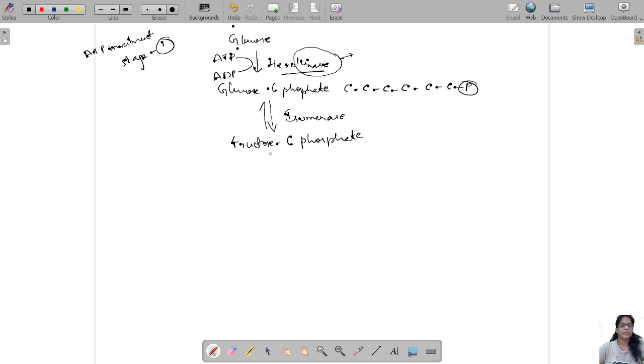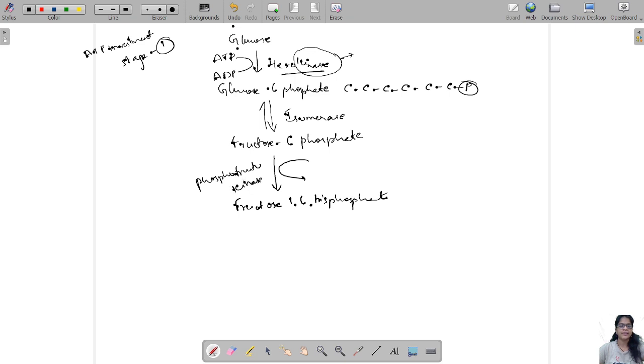And now after this step, again there is a phosphorylation happening, which is a second phosphorylation. There is a transfer of a phosphate group to form fructose 1,6 bisphosphate. It is again catalyzed by an enzyme called phosphofructokinase.